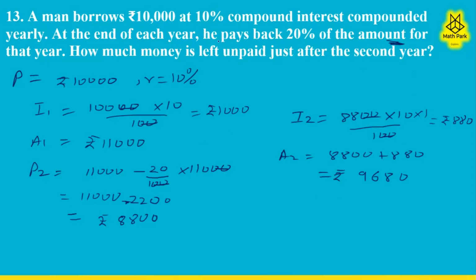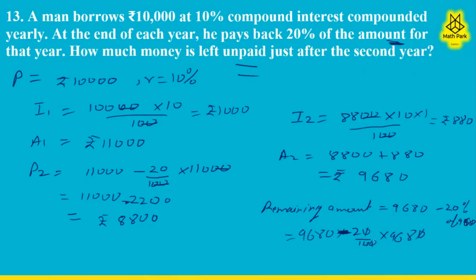So, the money which is left unpaid, so that is the remaining amount will be equal to 9,680 minus 20% of 9,680. So which we get as 9,680 minus 20 upon 100 times 9,680.